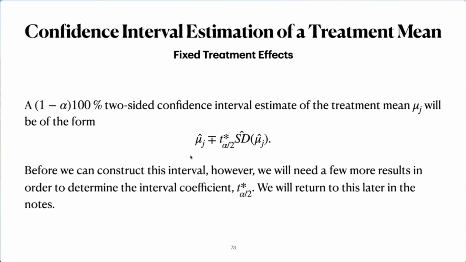We will in a few minutes, but the bottom line is that in order to construct this interval, we have to be able to calculate the margin of error associated with mu hat sub j. That margin of error is the product of the estimated standard error of mu hat sub j times the appropriate interval coefficient. But before we can do that, we need a few more results in order to determine what that interval coefficient should be. And so we'll look at that in a little bit.